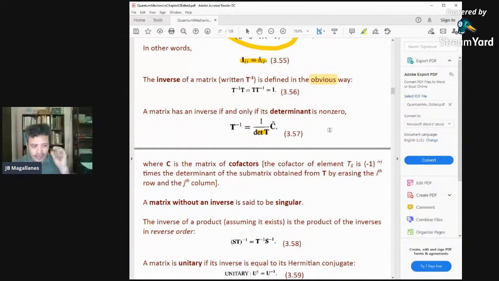For example, if you have a 2 by 2 matrix, that's just the diagonal coming from upper left to lower right minus the diagonal coming from upper right to lower left for the 2 by 2 matrices. But for 3 by 3 matrices, the determinant would be using cofactors.